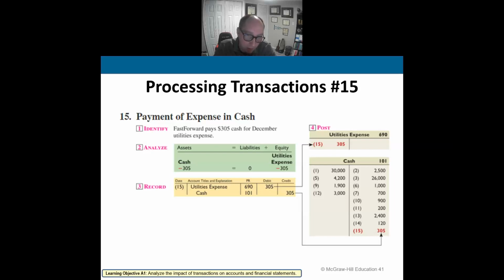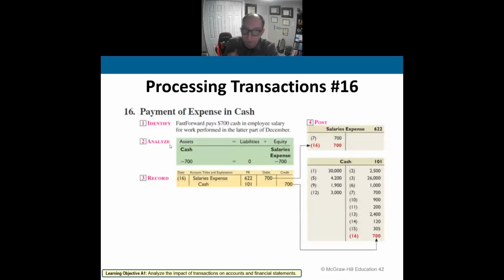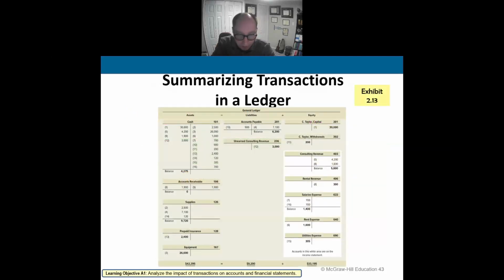Reduce my cash, increase my expense. Debit utilities expense, credit cash. Another transaction, I'm paying for salaries in cash. Reduce my cash, increase my salaries expense. Debit salaries expense, credit cash. Post those to the ledger accounts.